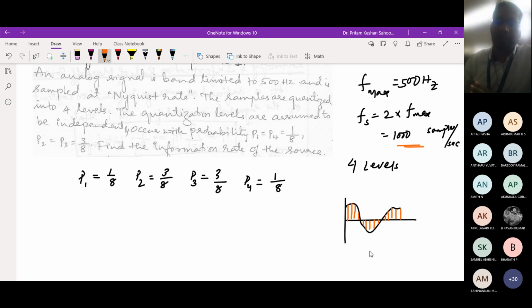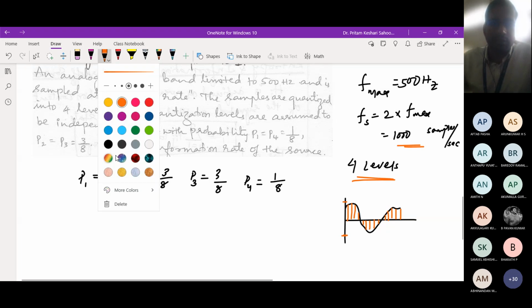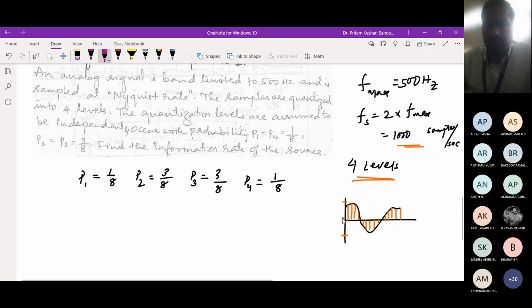That means per second 1000 samples are transmitted. And we have 4 different levels. If we make the division peak to peak, we have 4 levels: level 1, level 2, level 3, level 4. So try to understand the question carefully.